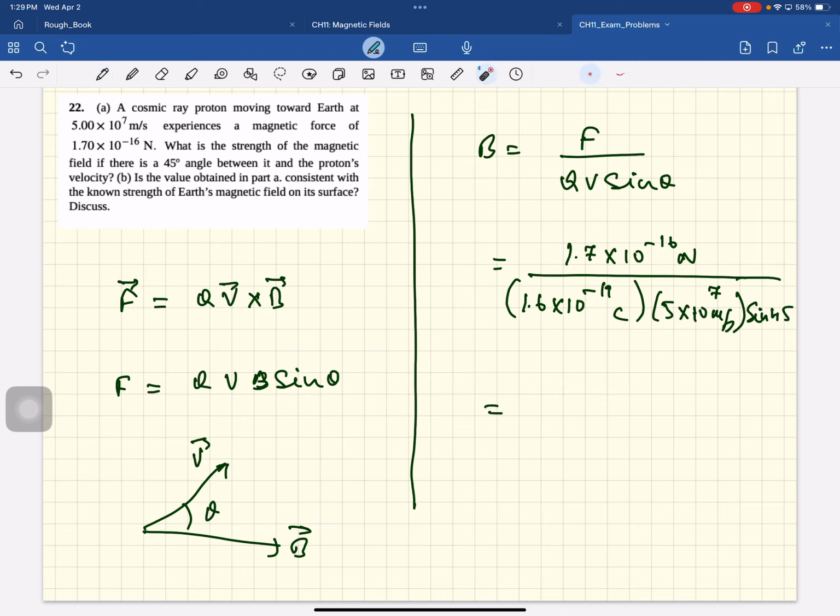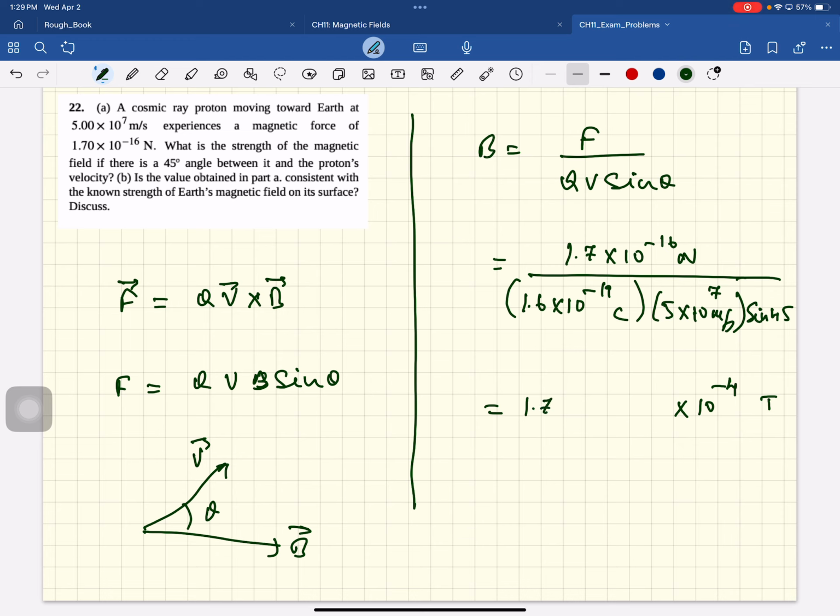So let's take care of powers of 10. That leaves 10 to the minus 4. And this will work out in Tesla, and that's a good thing. This is the order of the Earth's magnetic field, and this is happening on Earth, so we have the right magnitude.